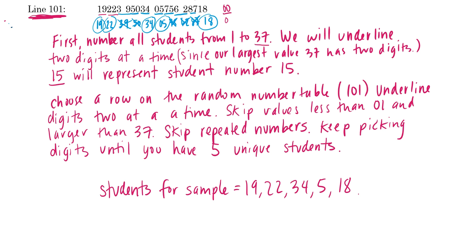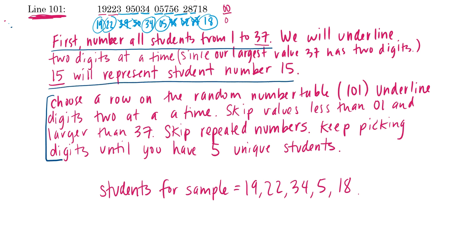I did repeat a little bit, but you need to make sure that you say first number all your students from 1 to 37. And then you need to basically say this entire paragraph. Finally, you need to mention somewhere, and I put it up here, what each number represents explicitly. Okay? So that's how a random number table works. And that's how you would sort of describe it.